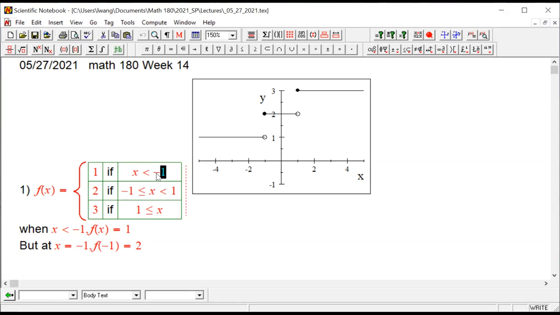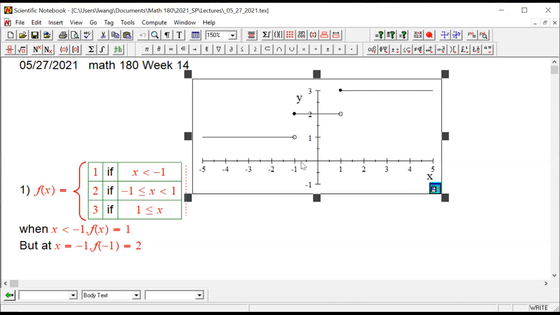Well, the first rule does not apply when x equals -1, so we use a circle and a dot at this place. You guys see that? Okay.